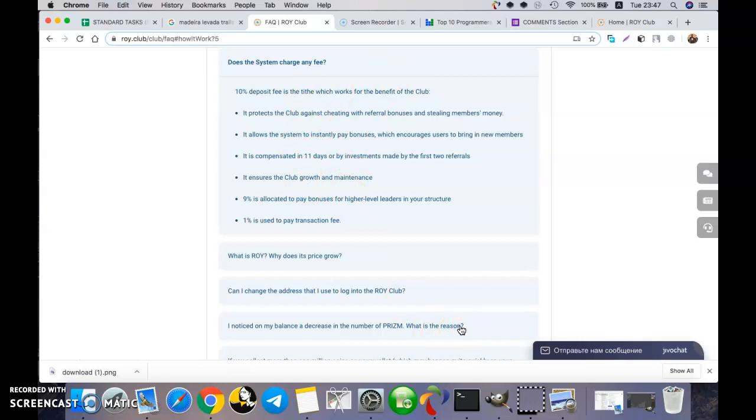So that means for every person that you bring, the system is going to pay you for that one-time deposit. So whoever is in your structure, whoever you registered using your referral link, because whenever you create a Roy account, you are given a referral link that you can use for inviting other members, and you register them under you within your structure.